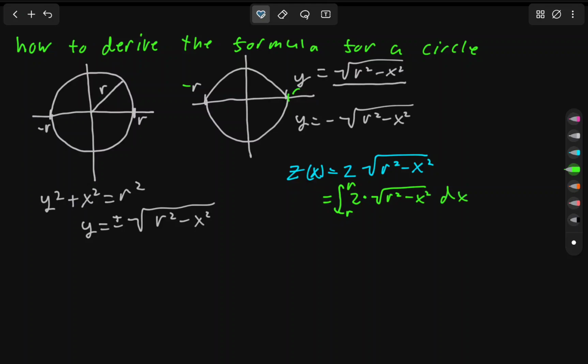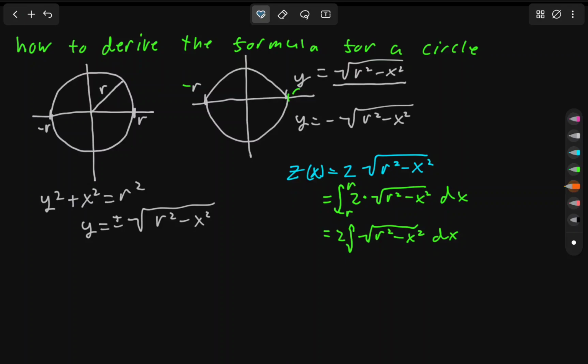Well, we're going to pull this 2 out, so we're going to get 2 times the definite integral from negative r to r of the square root of r squared minus x squared dx. And once I evaluate this, I'm going to punch in the negative r and the r again.